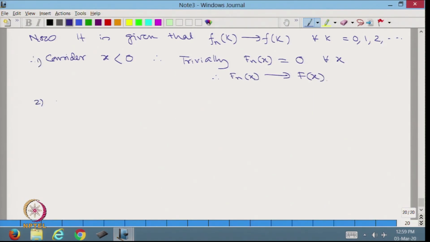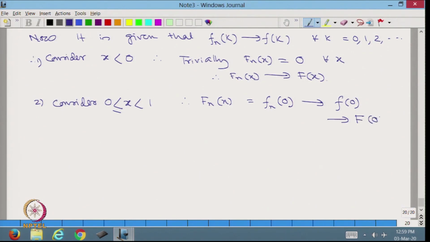Two, consider 0 less than or equal to x less than 1. Therefore, F_n(x) is equal to f_n(0), which converges to f(0), which is equal to F at x.